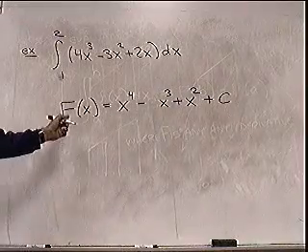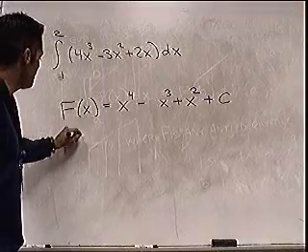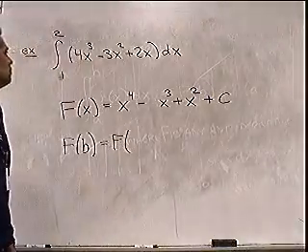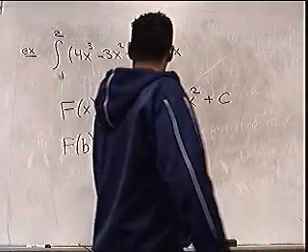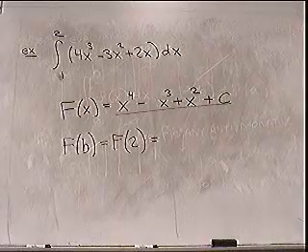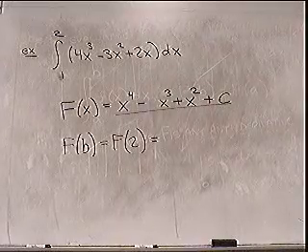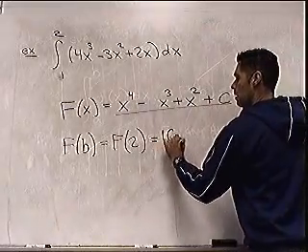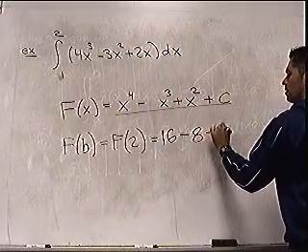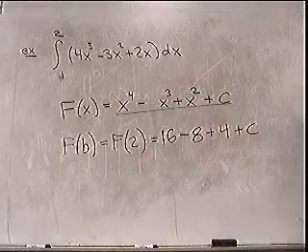So the first thing I should do is figure out what F of b is. What's F of b for us? F of 2. What would F of 2 be if we use this? So 2 to the 4th power is 16. Take away 2 cubed, which is 8, plus 4 plus c, isn't it?